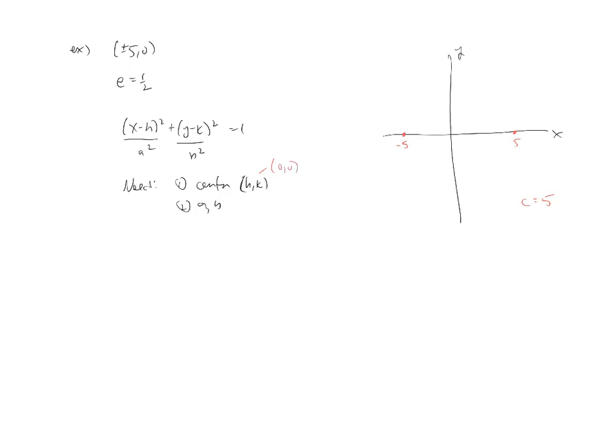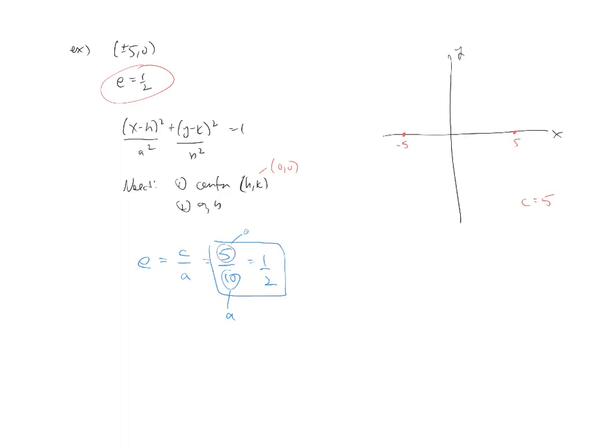And then to find a and b, I'm actually going to have to go back and look at this eccentricity. I know that the eccentricity is the ratio of c over a, and I know my c value is 5. I don't know the a value, but my eccentricity is given as 1/2. So if I look at this simple proportion, I can then conclude that the a value would have to be 10.